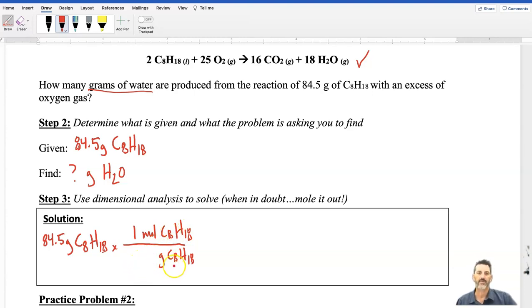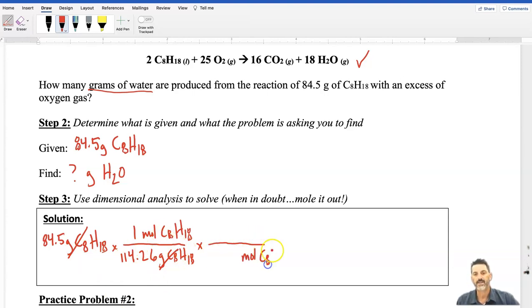So if I add up 8 carbons and 18 hydrogens off the periodic table, I'm going to get a certain mass, and it turns out that that comes out to be 114.26. Okay, again, 8 carbons and 18 hydrogens, if I just take the masses off the periodic table and add them up. So now I'm going to cancel out my grams of C8H18, and now I'm at moles of C8H18.